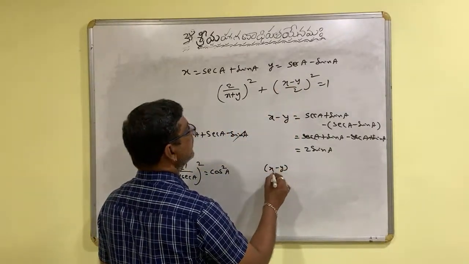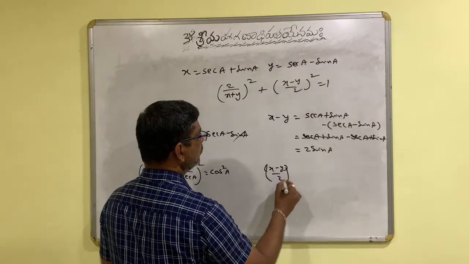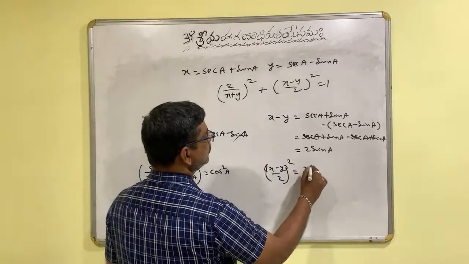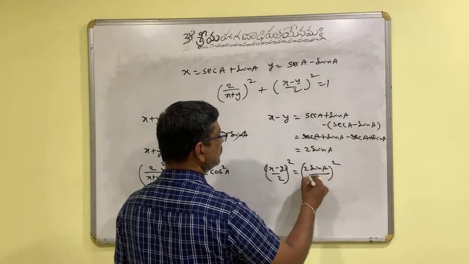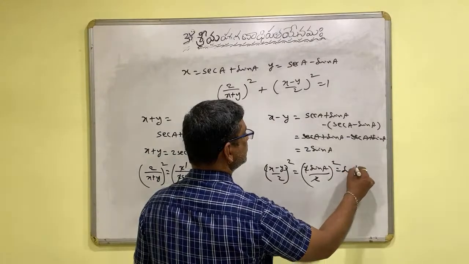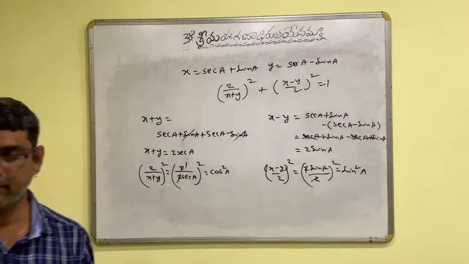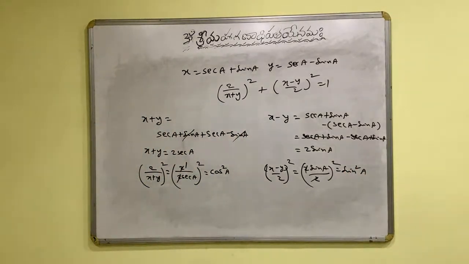That is 2 sin A by 2 whole square. 2 get cancelled, we get sin square A.